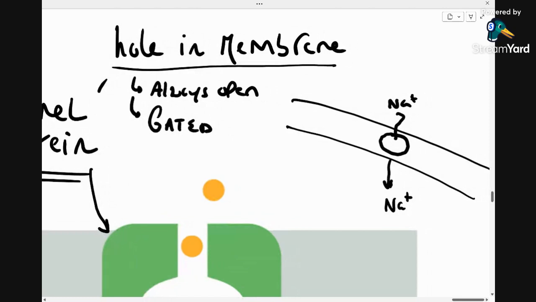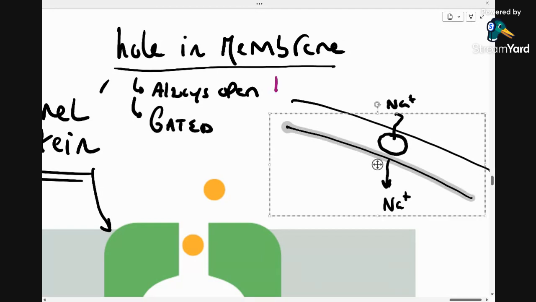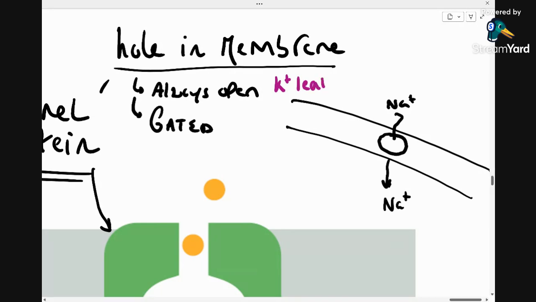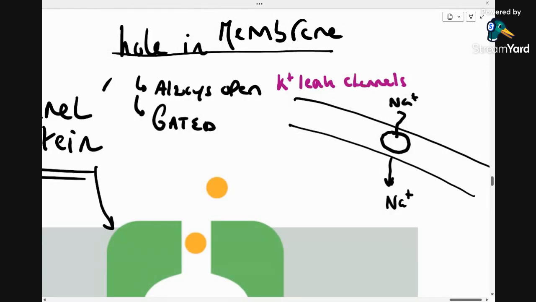Okay. And I want to just give you the information for next year. In upper sixth, when you study neurons and action potentials, an example of channels that are always open are potassium leak channels. And examples of gated channels are things like your sodium and potassium channels that are voltage gated.